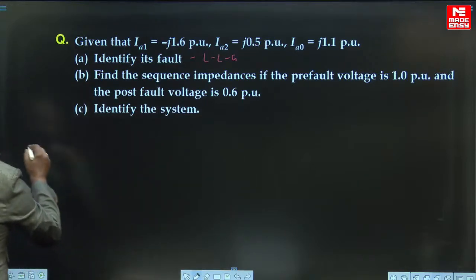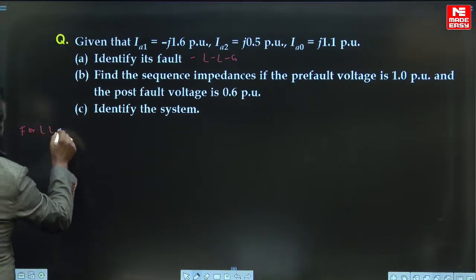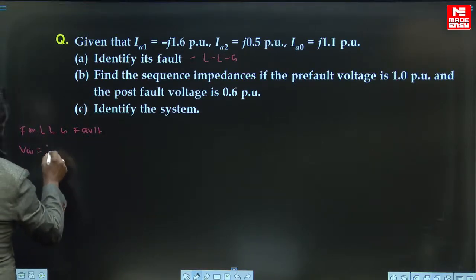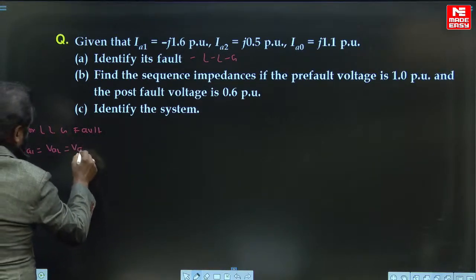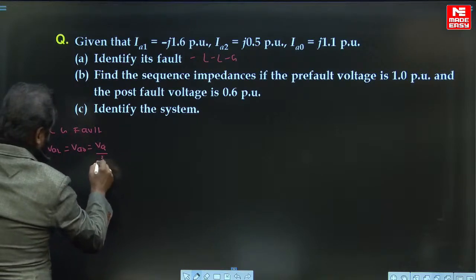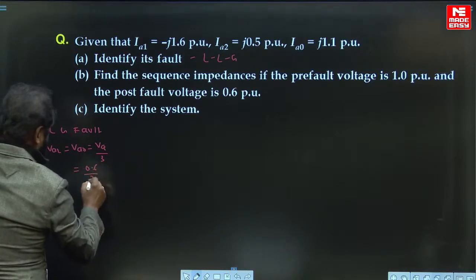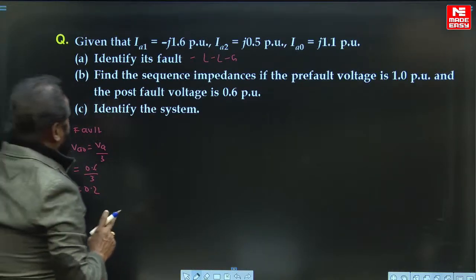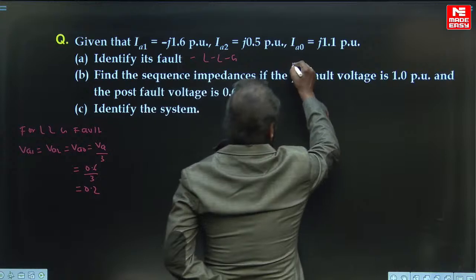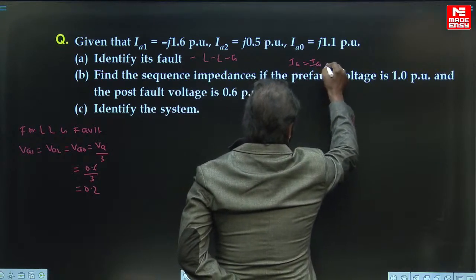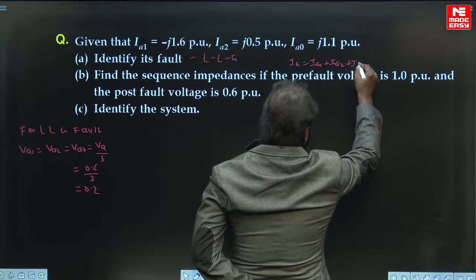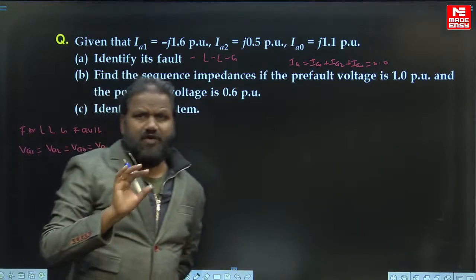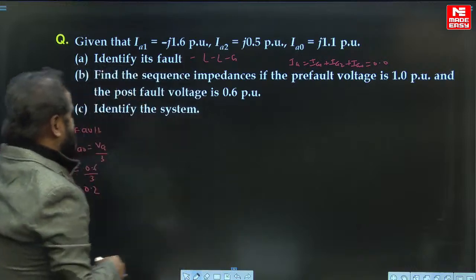So for the LLG fault, VA1 equals VA2 equals VA0, that equals VA by 3, that equals 0.6 by 3, that equals 0.2. Also, IA equals IA1 plus IA2 plus IA0 is becoming 0 here. IA equal to 0 is the boundary condition for this fault.